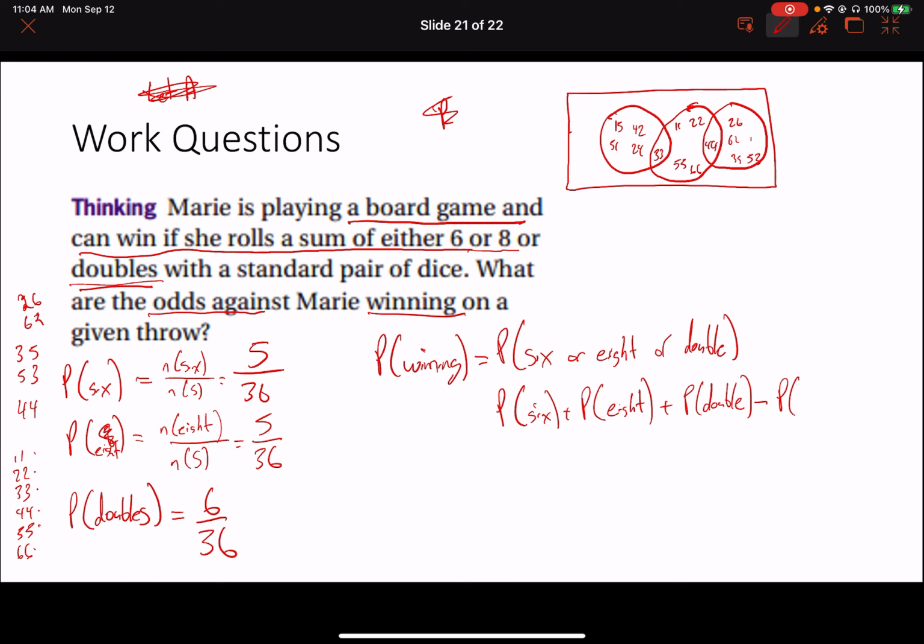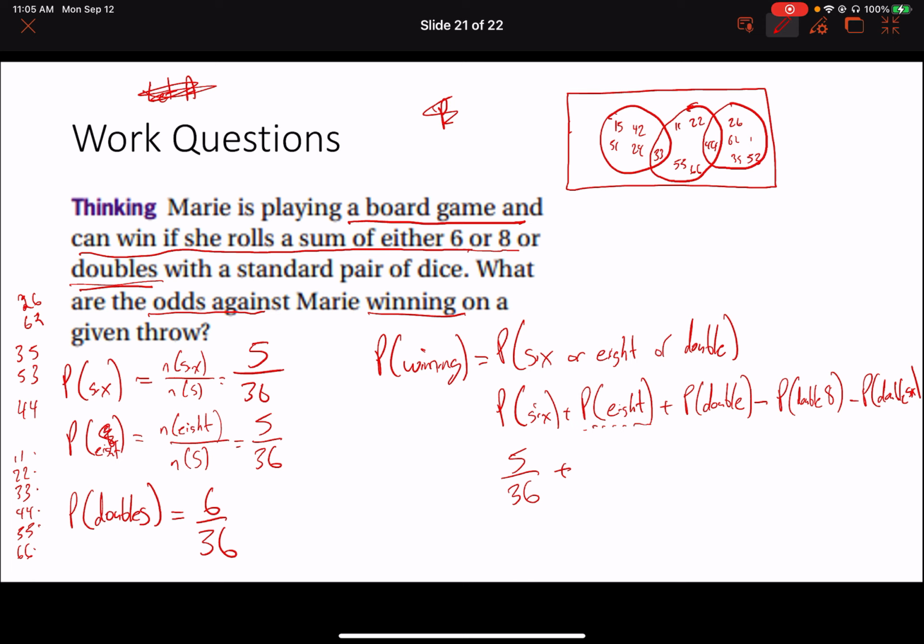So we could say probability 8 and double, subtract the probability that it's double and 6. And what's the probability of 6? We already got that, 5 over 36. What's the probability that it's 8?